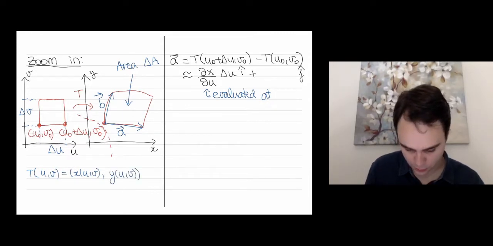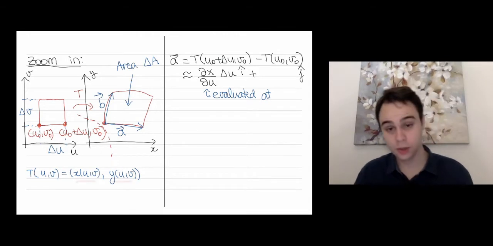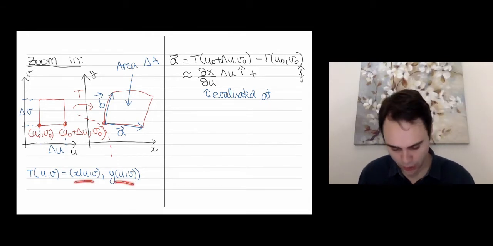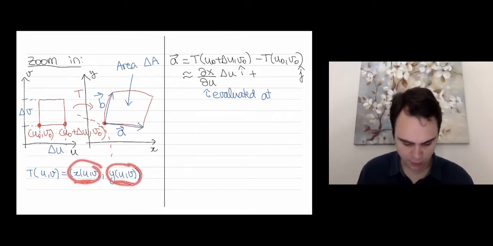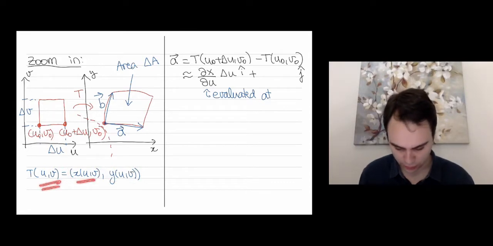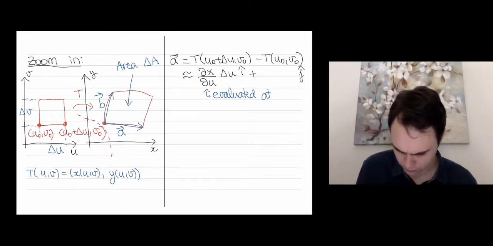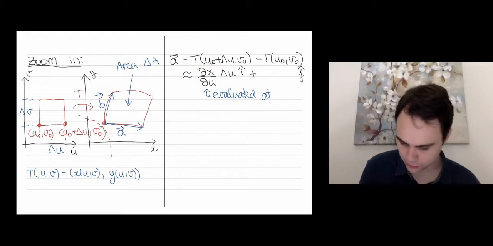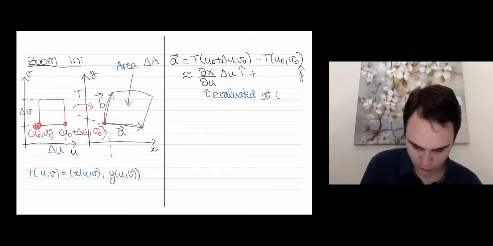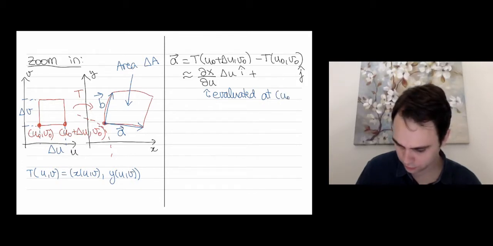The point corresponding to u, v has an x and a y coordinate, and these coordinates depend on the values of u and v. So we have really 2 functions, and I'm taking a partial of the first function evaluated at u0, v0.